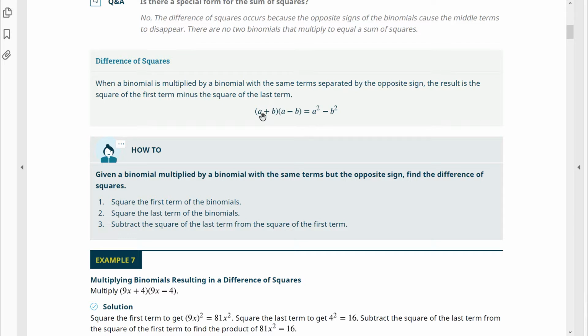If you multiply using the FOIL method, it will give the square of the first, and then the addition of the outer, which is minus b, plus the inner, plus b, which is 0 a. That's why it doesn't appear any a here, and then the last squared. Very important. This is a special product, a very important product.